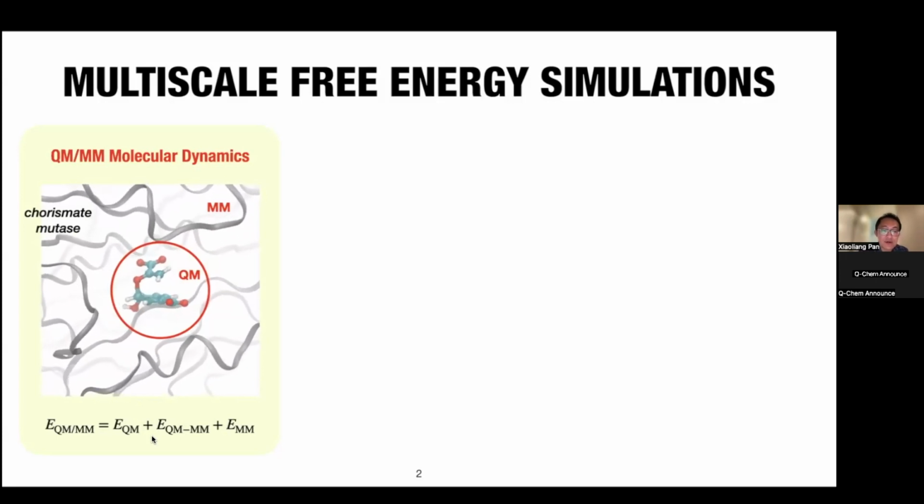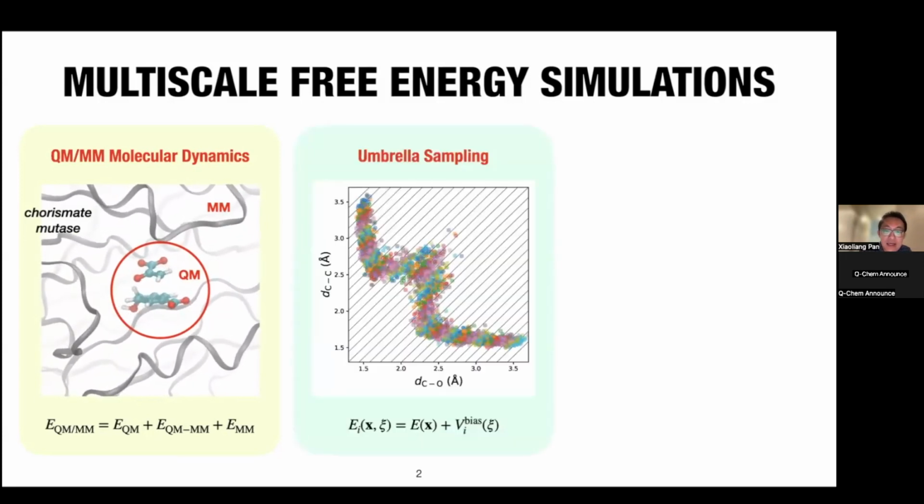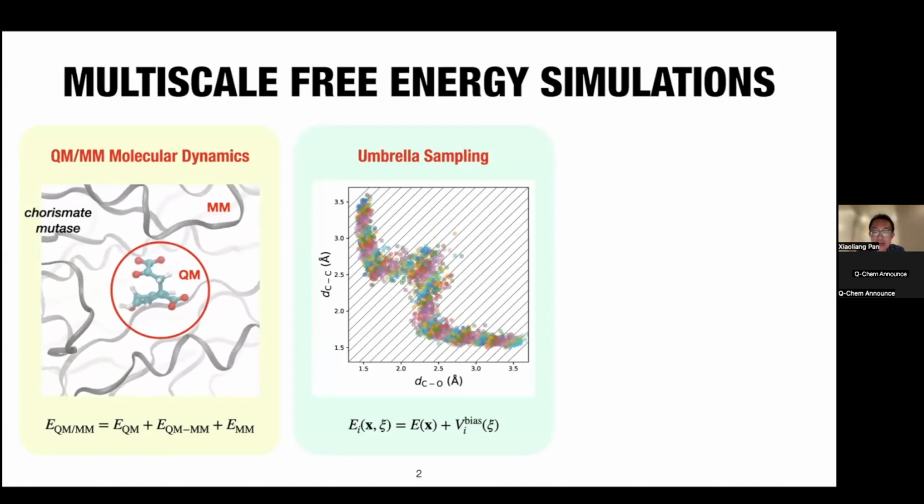So these also require our cost to evaluate the energy to be as efficient as possible. And then we combine the QM/MM MD simulations with the free energy method.